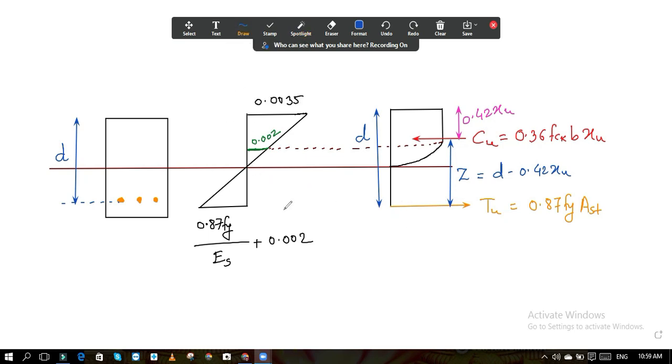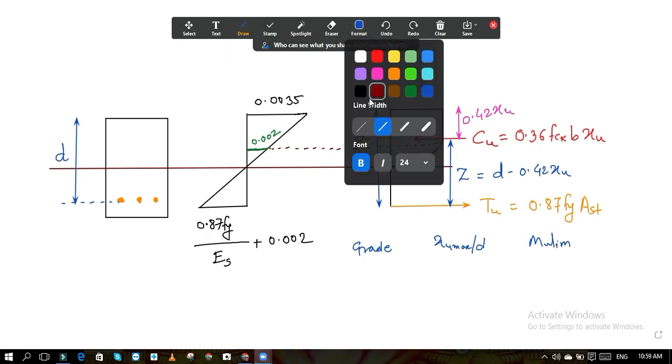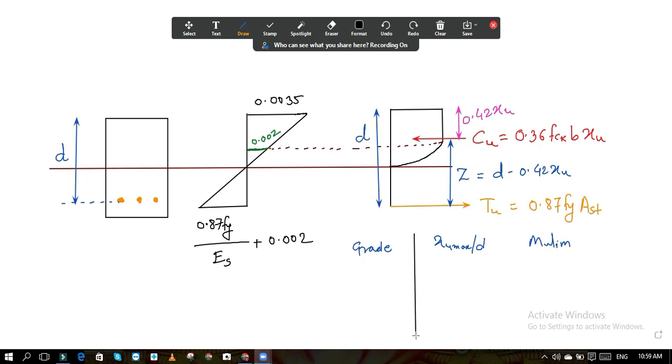Also you should know the various Mu limiting values for the different types of grades. Here in short I will tell you: the grade of steel, then Xu max by d ratio, this is also given in IS code, and then Mu limiting. I have marked here three tables. These are important values which are frequently required.